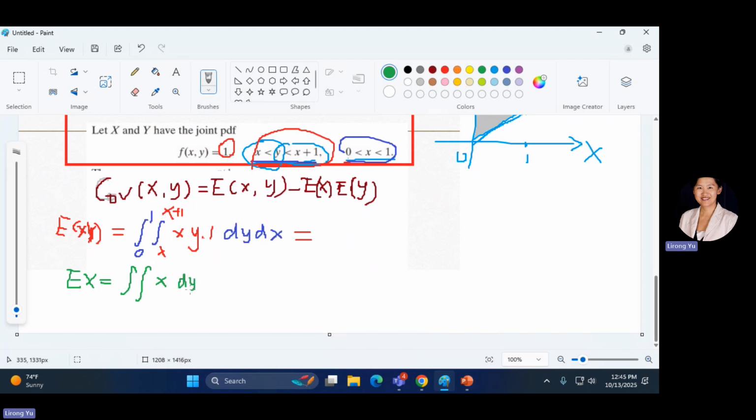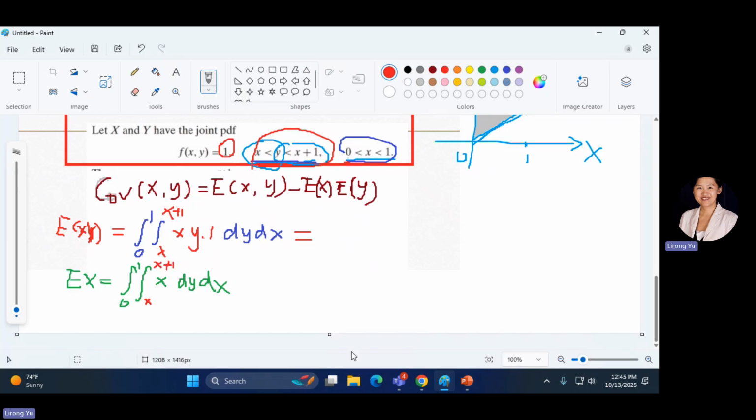And then you can still do dy dx. Our expectation is an integral over the entire domain of the density, so 0 to 1, and the lower boundary is still x, the upper boundary is x plus 1.